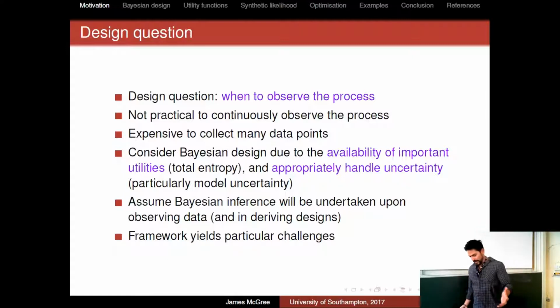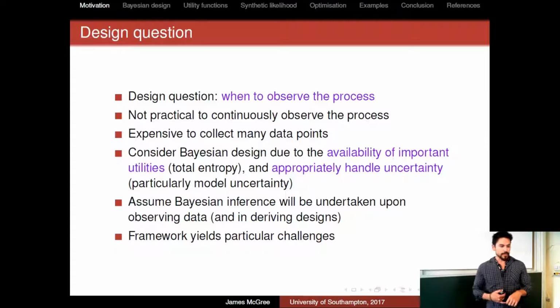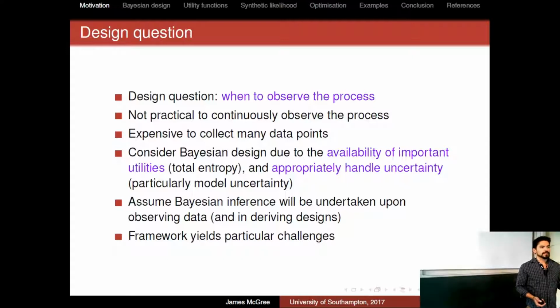So this is the Bayesian design question that we'll try and answer today. And we're being Bayesian because of the availability of particular utility functions. For example, total entropy is available to us in the Bayesian framework. And also because of how we can handle uncertainty in this framework, and in particular model uncertainty.